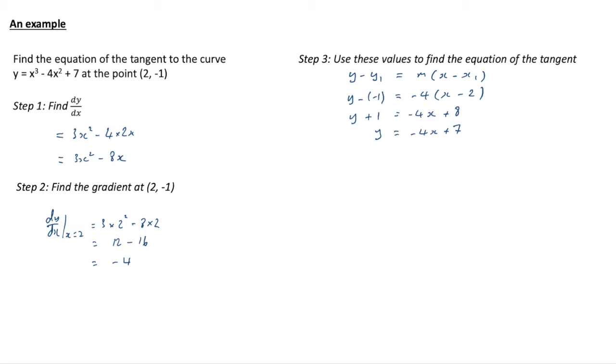Brackets, x take away the x value of x1, which is 2. If we tidy up now, y take away minus 1 is the same as y plus 1, and then minus 4 times that bracket comes out as minus 4x plus 8. We can subtract 1 from both sides, which gives us y equals minus 4x plus 7.